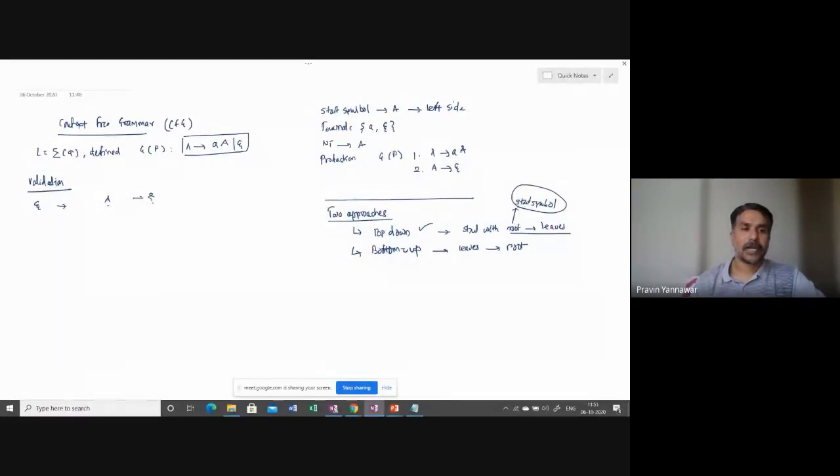Can I substitute A? Yes, I can substitute A as epsilon. So the output is epsilon by rule of grammar production 2. By using this rule, A can be substituted as epsilon.